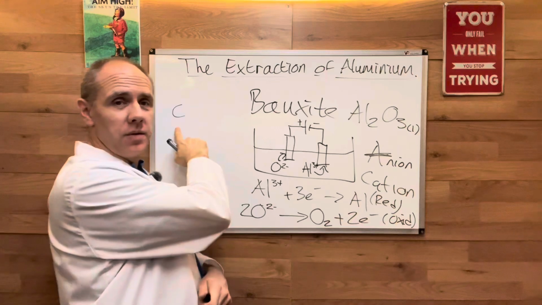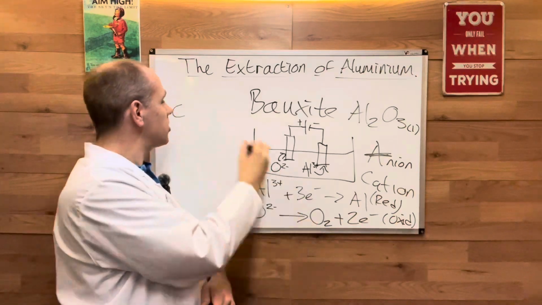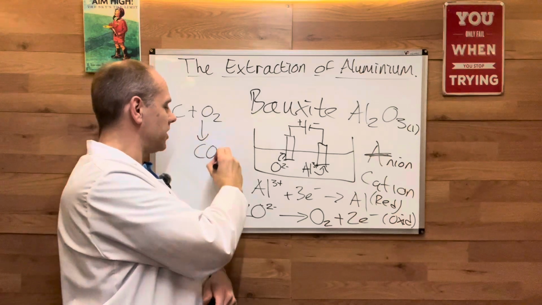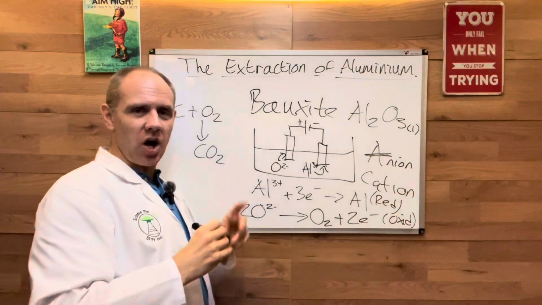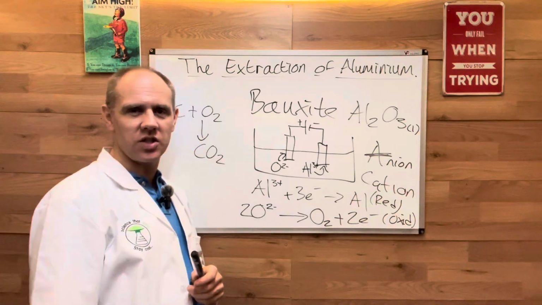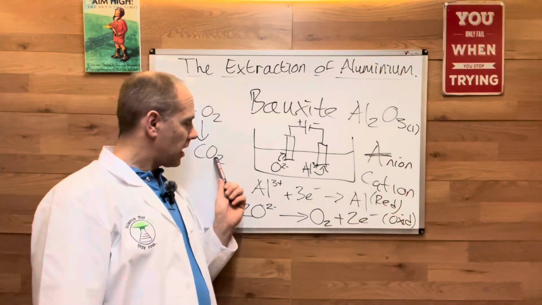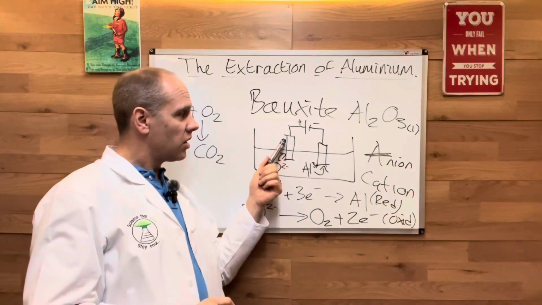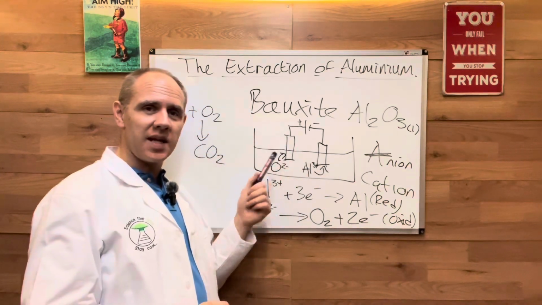Graphite is carbon, and carbon will react with those 2 oxygen atoms, and we end up making carbon dioxide. And because carbon dioxide is a gas and because this mixture is at 995 degrees Celsius, it's pretty warm, that carbon dioxide escapes into the atmosphere. And so this wears away and it needs replacing.